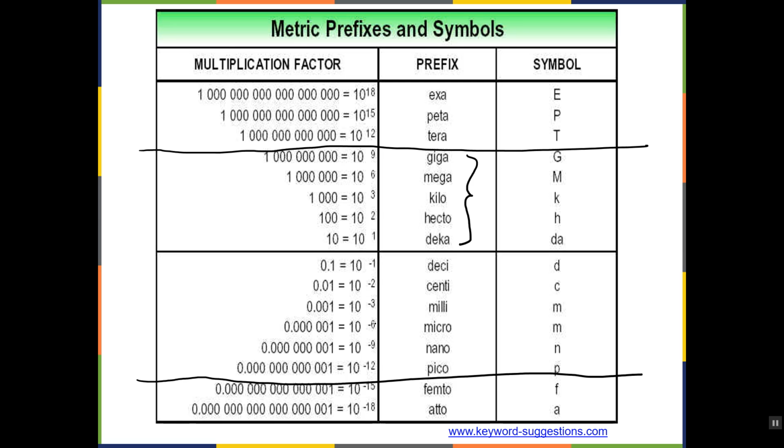When you start looking at things you can't see with the visible eye, 10 to the negative 6th. Nano, with nanotechnology now we're starting to get down into really small values, 10 to the negative 9th, and then picos, 10 to the negative 12th. Okay, so if you can be familiar with these and these, in other words, know them, that would be very helpful, and it will help make your working class a little bit easier.